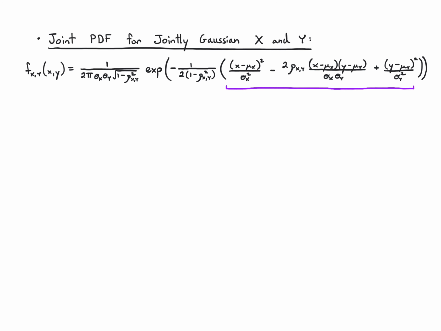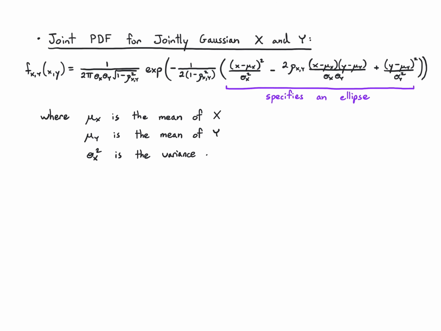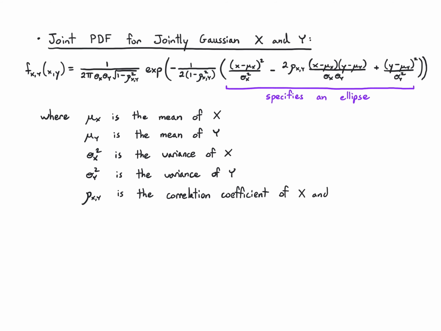Okay, and we're going to see how each of these parameters, the mean mu x, the mean mu y, that's the mean of Y, the variance sigma x squared of X, sigma y squared, that's the variance of Y, and finally the correlation coefficient of X and Y, we're going to see how all of these influence the contour plot.